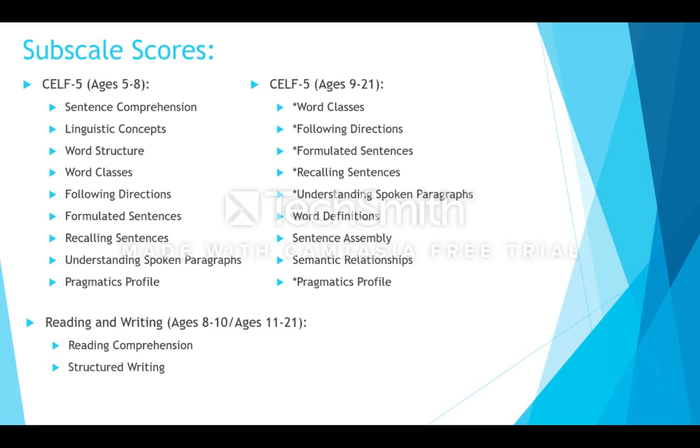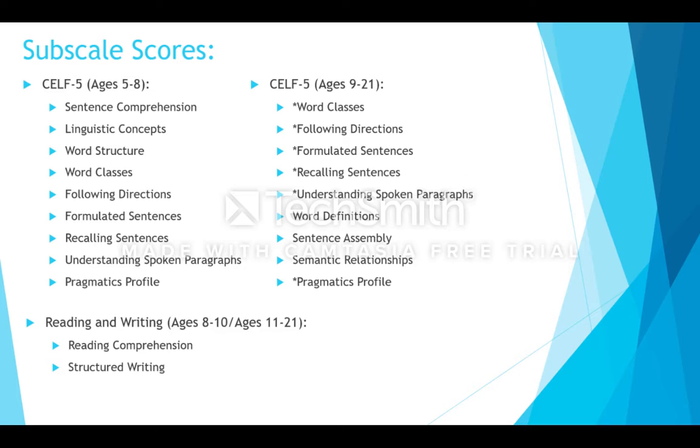For ages 5 to 8, it's going to be based on sentence comprehension, linguistic concepts, word structure, word classes, following directions, formulated sentences, recalling sentences, understanding spoken paragraphs, and pragmatics profile.